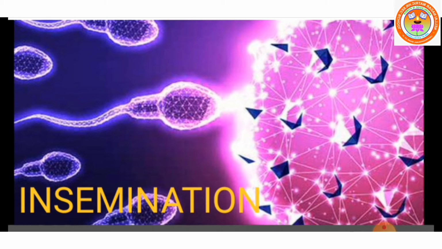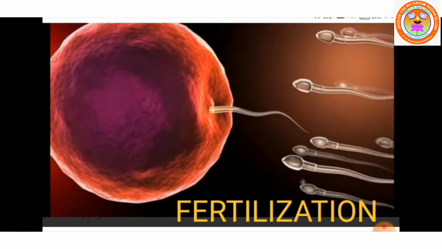So this is insemination, transfer of sperm by the male into the female genital tract, where sperm undergo capacitation. It is nothing but a biochemical activity which enables the sperm to penetrate and fertilize the egg. So this is insemination. Now the next event is fertilization.